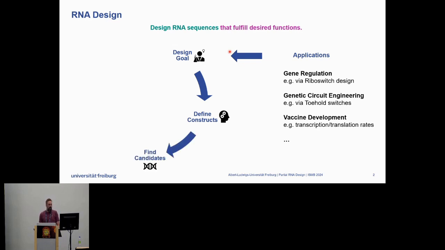And then we can start to search for promising candidates. And these candidates then have to be analyzed. This can be done in a wet lab, for example. And unfortunately, with our first iteration, we typically do not end up with the desired results. And there is often a refinement step where we have to restart our cycle again, starting with the design goals, refining them, or refine our constructs.